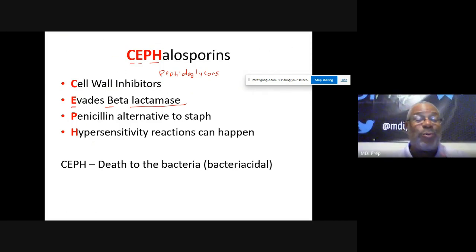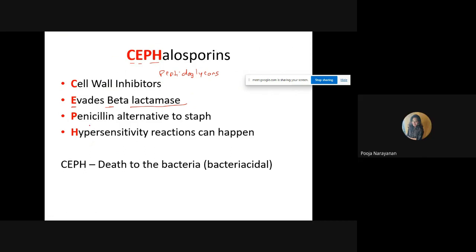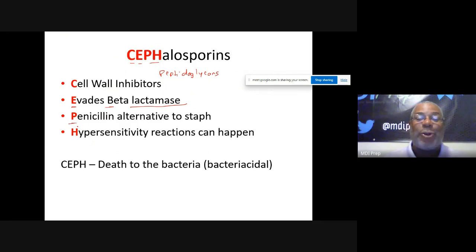So it does not require a beta lactamase inhibitor. Just like those narrow spectrums we looked at, like nafcillin, you don't have to add a beta lactamase inhibitor to this. Does that make sense? Okay. It's an alternative to penicillin for staph. So if somebody's allergic to penicillin, cephalosporin is a good backup. And of course, hypersensitivity reactions.